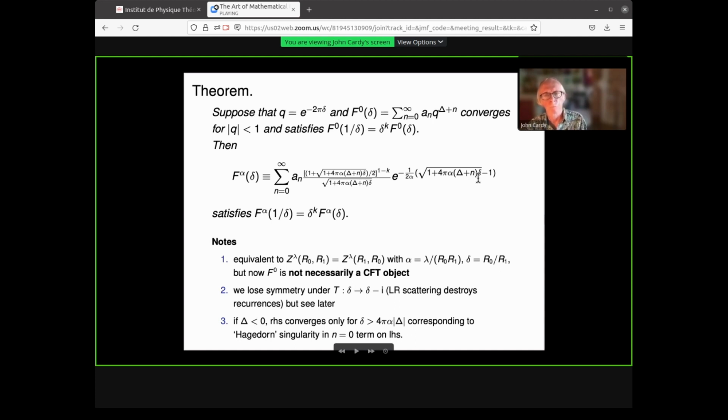Now, if you recall what delta was, it was the ratio of R0 over R1. So if we fix R1 and we think about R0 as being the inverse temperature, if we have periodic boundary conditions in time, then R0 would be the inverse temperature.